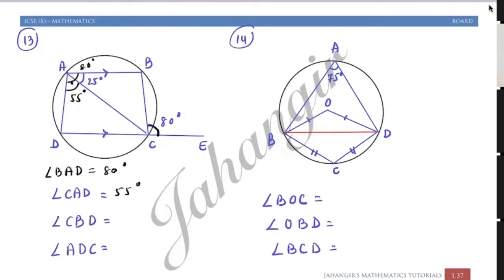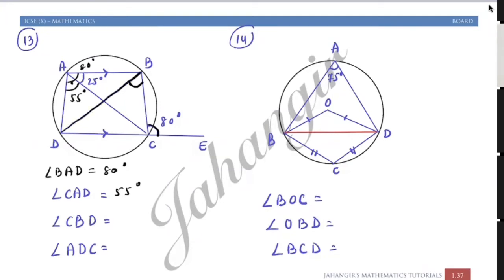Any doubt till here? No, sir. Chalo. Now we want CBD. So for that I have to draw a line. We want this angle. What is this angle?